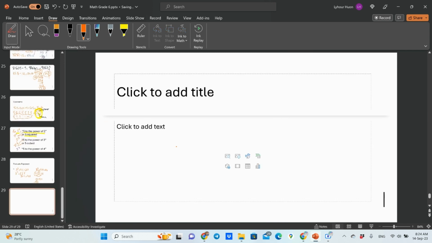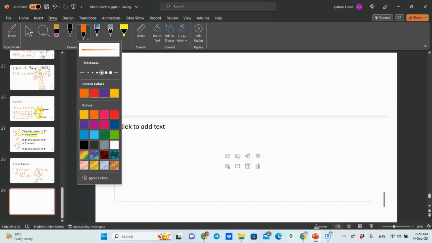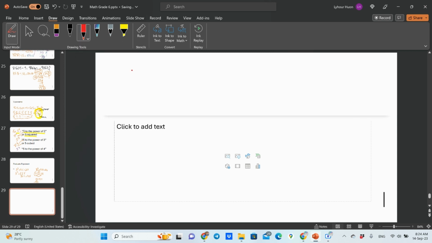Okay, so another operation is next. What is this called? It's 2 to the power of 4, because it doesn't have a nickname. So, 2 to the power 4.